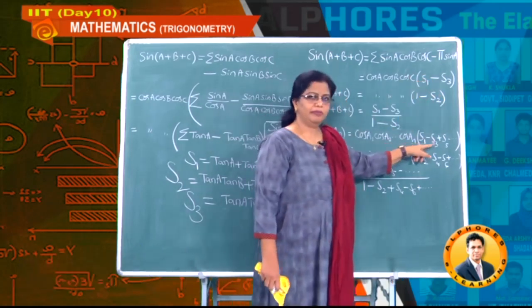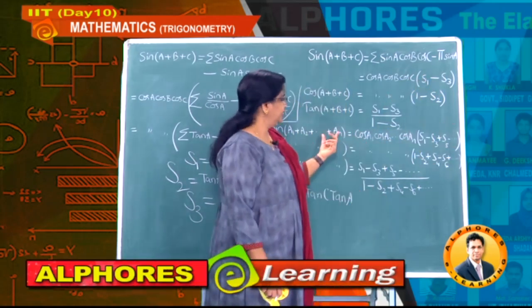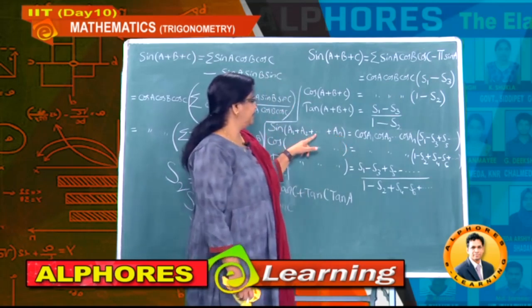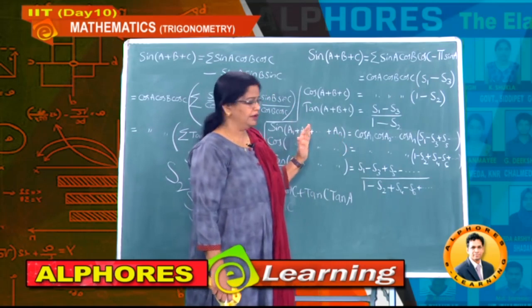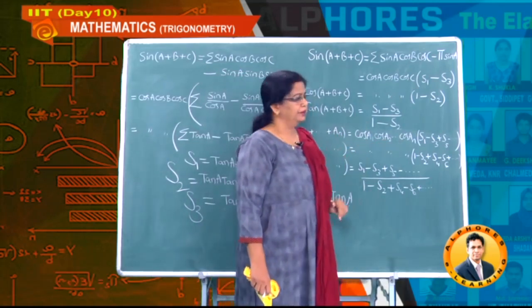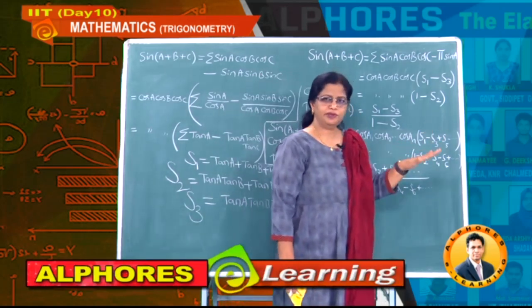So S1 minus S3 plus S5 minus S7, like that, wherever it continues depending on whether n is even or odd. Suppose A5 is given, then up to A5, and we stop at S1 minus S3 plus S5.